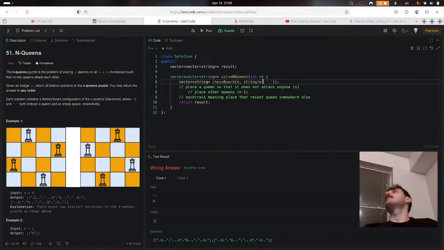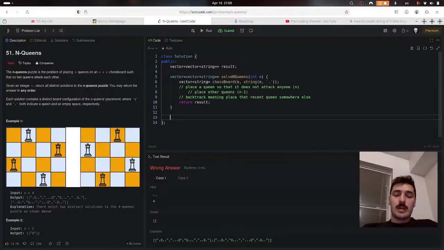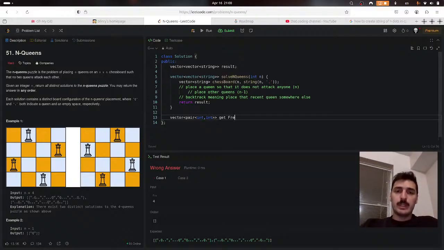I think I will need a helper function, which I'm gonna implement right here. It just returns a vector of pairs, basically.